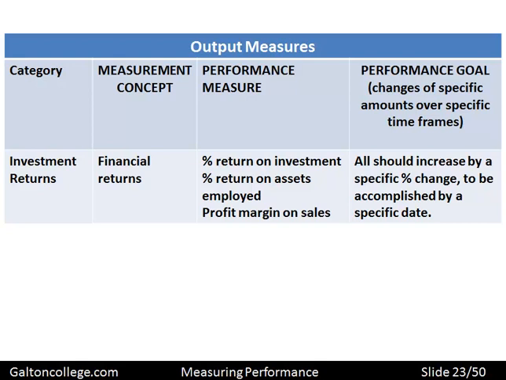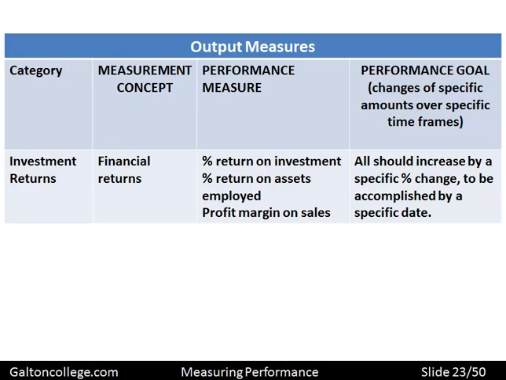We've already hit a problem and we've only got as far as the second column. Now let's look at the performance measure. Well, we could look at the percentage return on investment, the percentage return on assets employed, the profit margin on sales. We have to decide exactly what we're trying to measure. We have to identify a particular measure and we have to be consistent then.